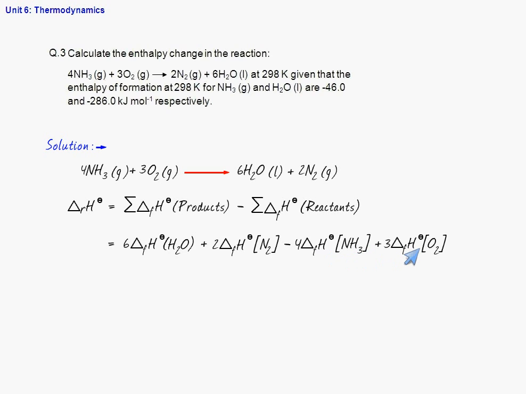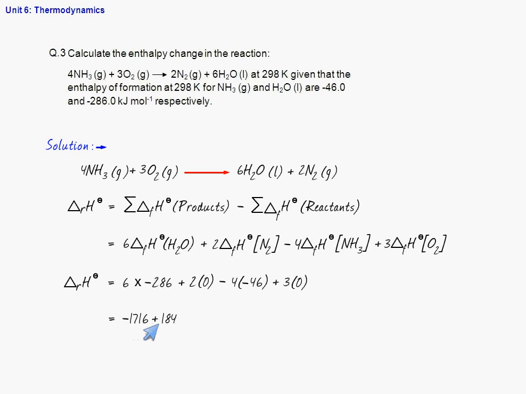Now the values are already given, so you simply have to substitute the values. And the values in this case: delta rH naught is equal to 6 into minus 286 plus 2 into 0 minus 4 into minus 46 plus 3 into 0, and this comes to be minus 1716 plus 184.